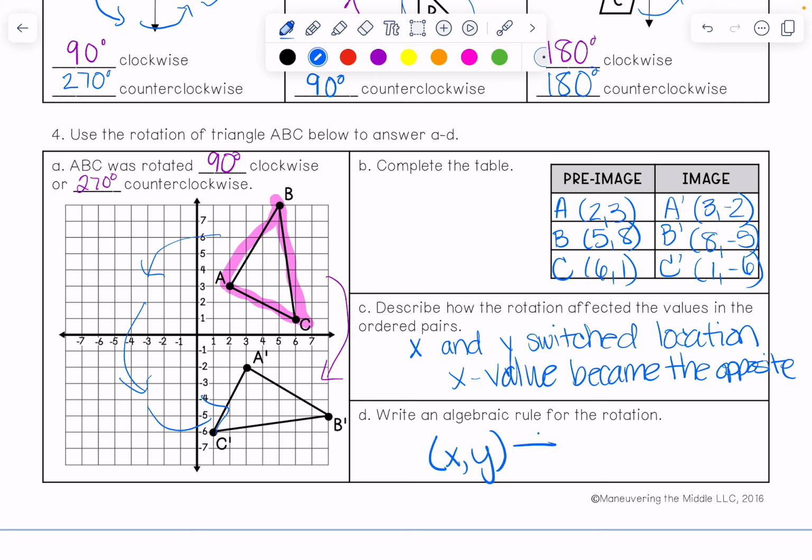If we think of how to write that algebraically, we have our original XY ordered pair, and now in the new one, on my new image, it's like they flip-flopped. The Y coordinate goes first, and then the opposite of the X value.